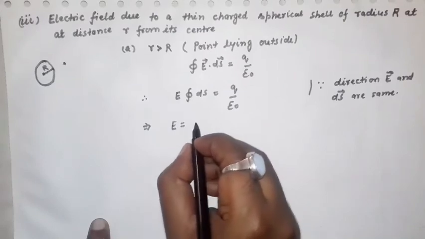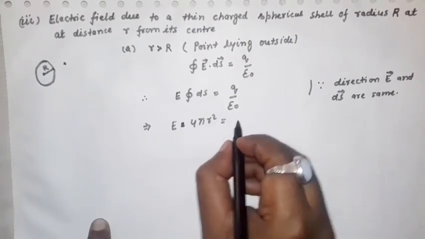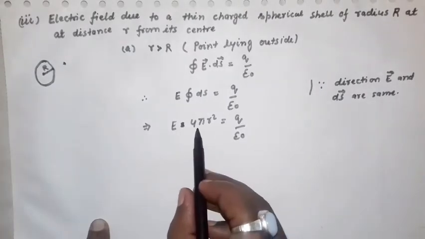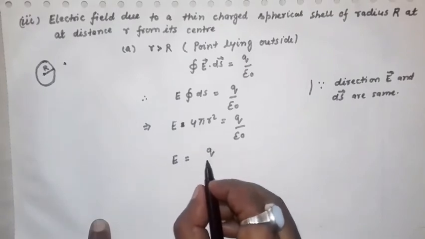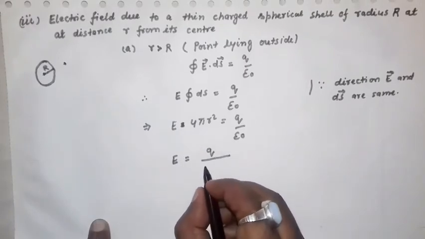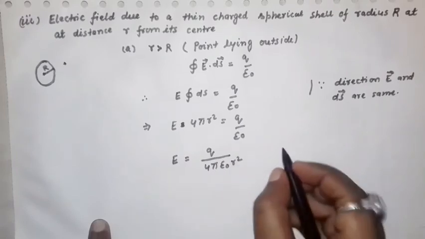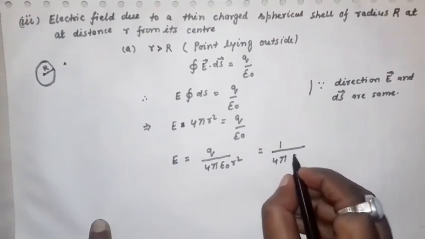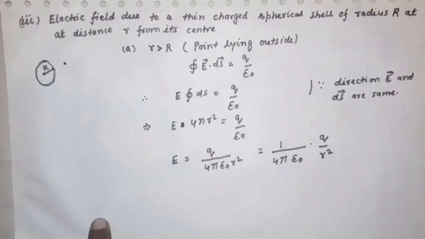E into 4 pi r square will be equal to q upon epsilon naught, or we can rearrange it as E equal to q upon 4 pi epsilon naught r square, or this can be rewritten as 1 upon 4 pi epsilon naught into q upon r square.